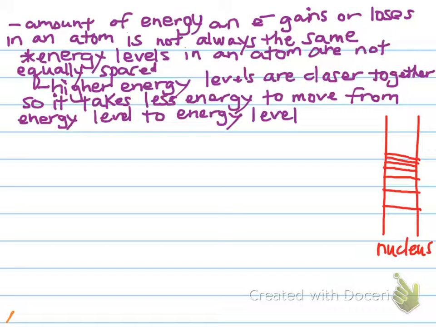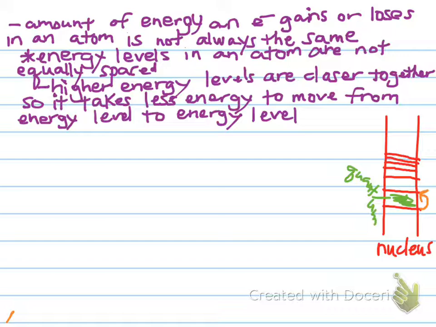So those energy levels are getting closer and closer together. And this distance, okay, here between, that's what is a quantum of energy. That's the amount of energy that electron would have to gain to jump, okay, from energy level to energy level.